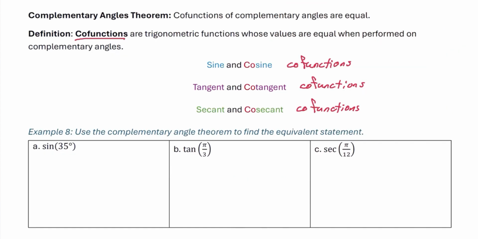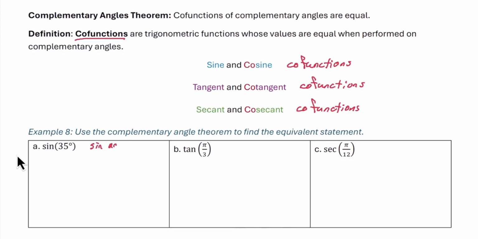In example 8, we want to use the complementary angle theorem to find the equivalent statement. So in part A, we're given sine of 35. We want to have an equivalent statement to that. A couple things to note. We want to know what the cofunction of sine is.